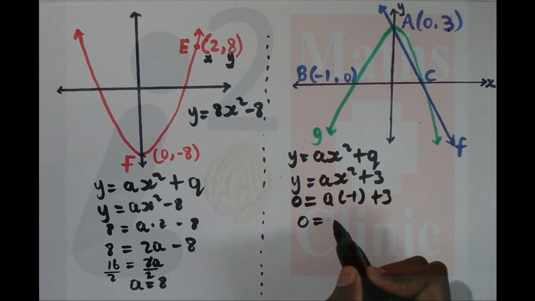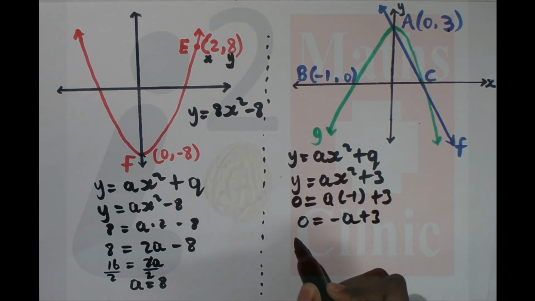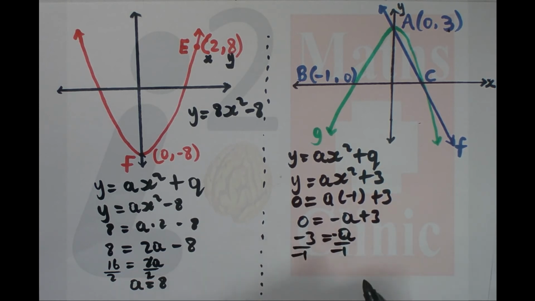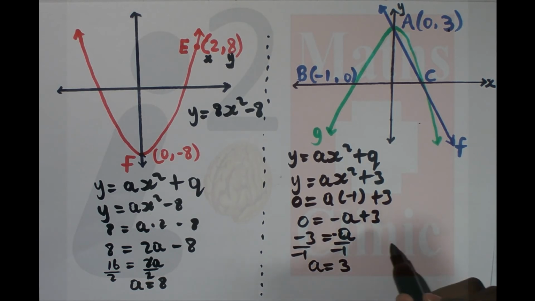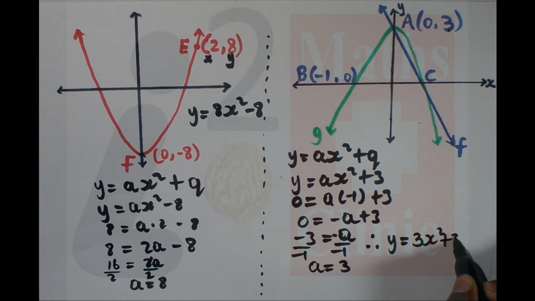So 0 equals minus a plus 3. To solve for a simsa ngapha u3 wethu negative. So minus a this side, divide both sides by minus 1, because I'm full negative next to la a. So a equals 3, and therefore equation yethu ngubani y equals 3x squared plus 3.